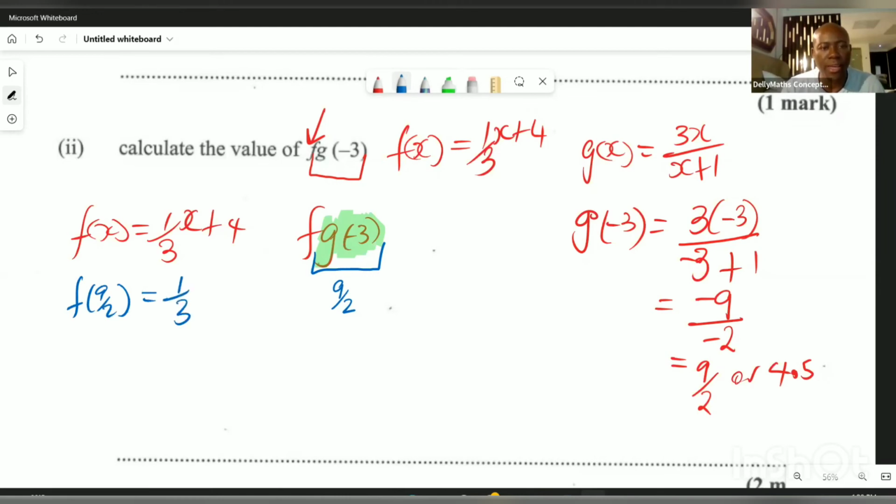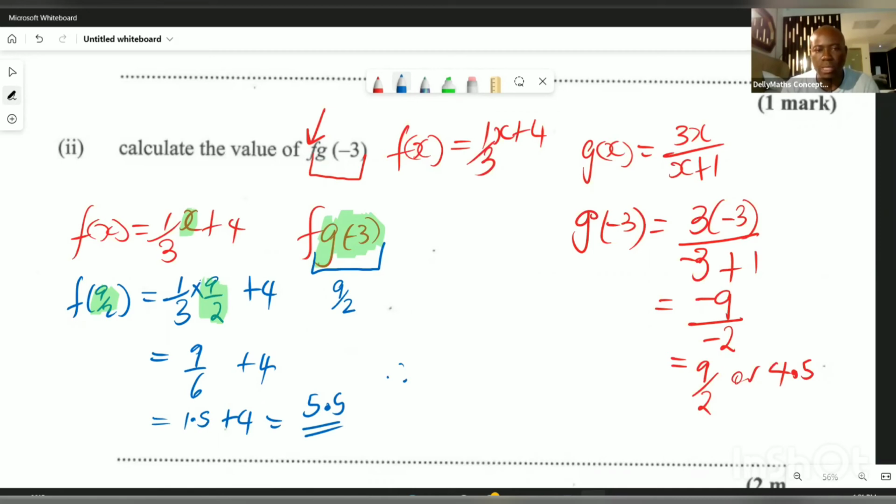So this is 1/3 x, which is basically times 9 over 2, plus 4. I'm going to substitute the 9 over 2 wherever the x is. So we're actually looking at 9 over 6, and then we add 4 to that. 9 over 6 can be canceled down to 1.5, and 1.5 plus 4 will give you 5.5.